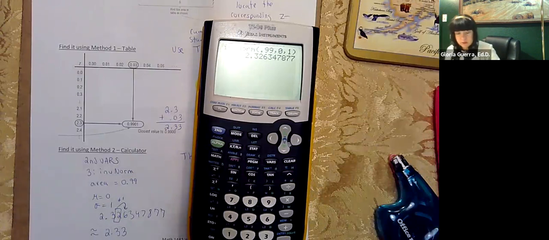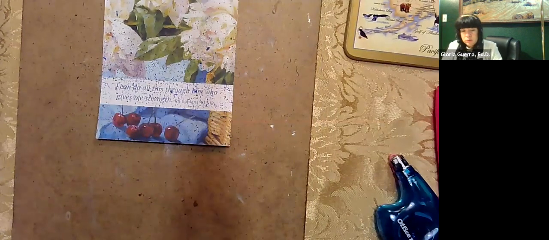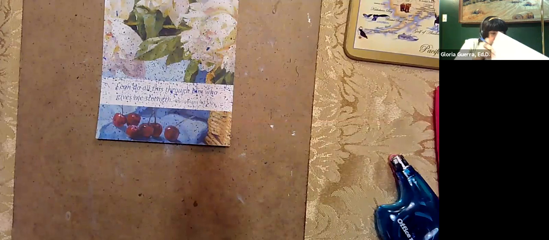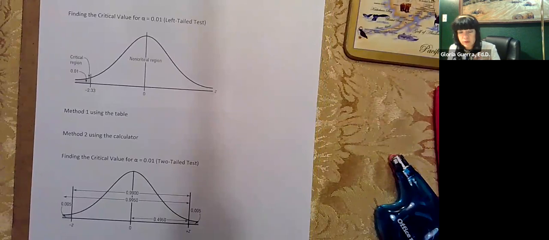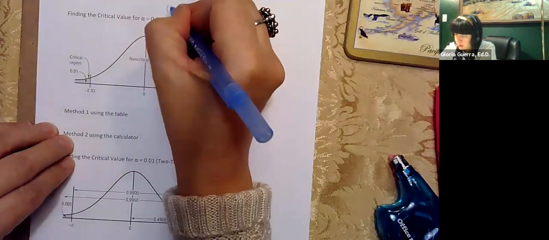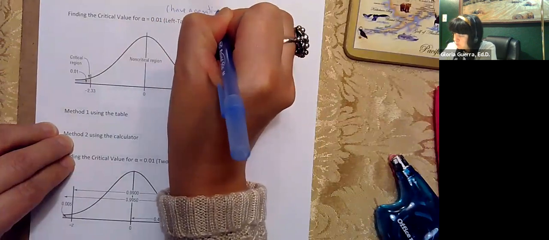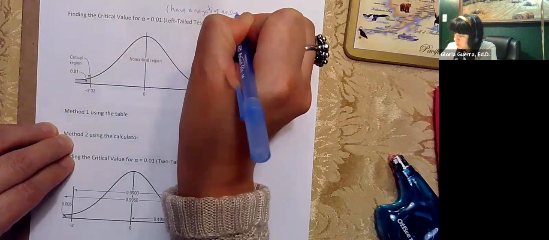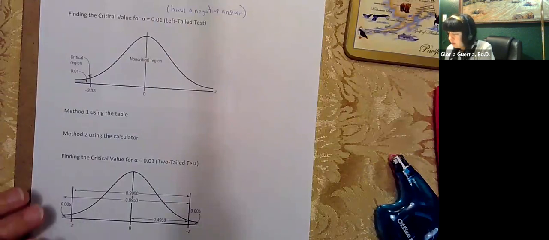Okay. All right. Now on the next page, there's a couple more examples. Now, if you have left tail, what happens is you have a negative answer. And there's no need to do any kind of subtraction like 1 minus alpha like we did on the other one.